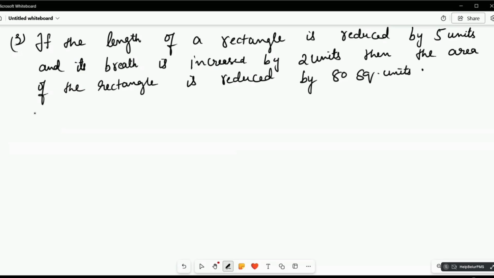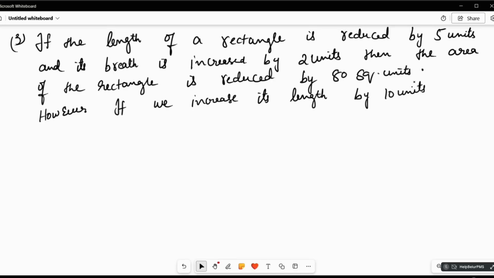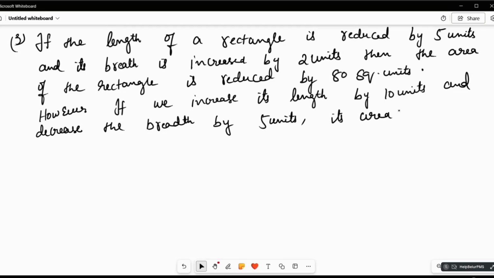However, if we increase its length by 10 units and decrease the breadth by 5 units, its area is increased by 50 square units.